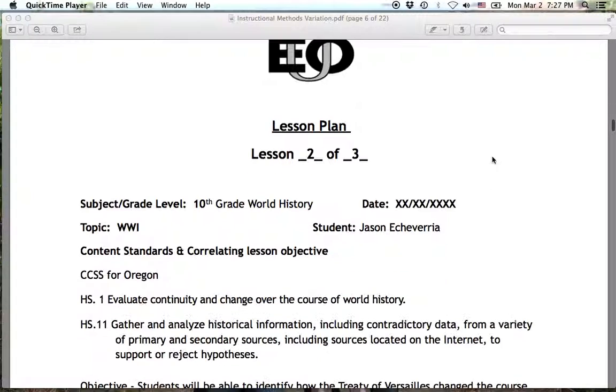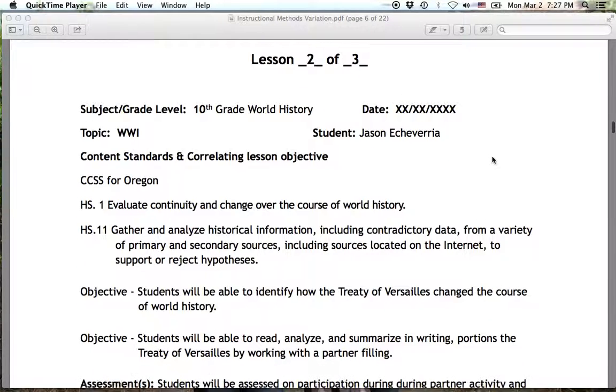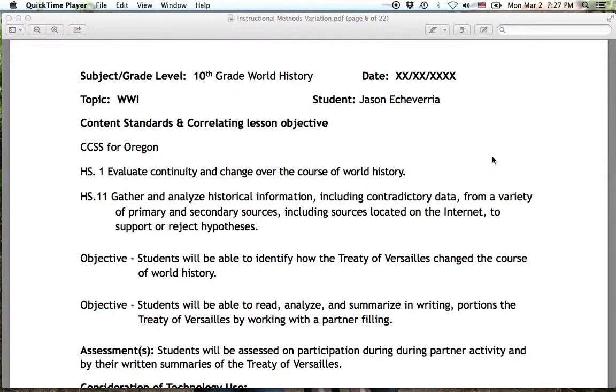Then the next one, you can see the objective changes. It says the students will be able to read, analyze, and summarize in writing portions of the Treaty of Versailles by working with a partner.